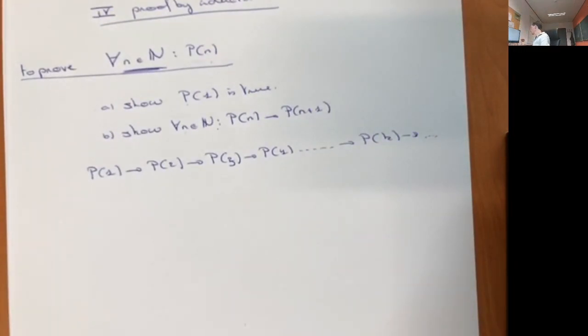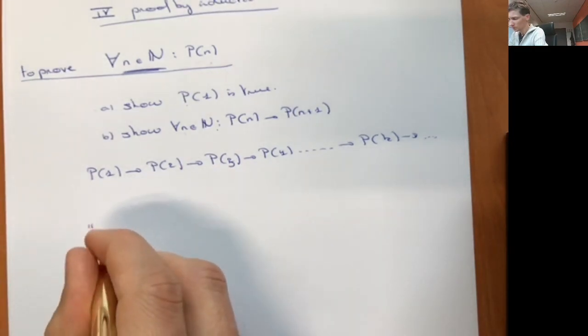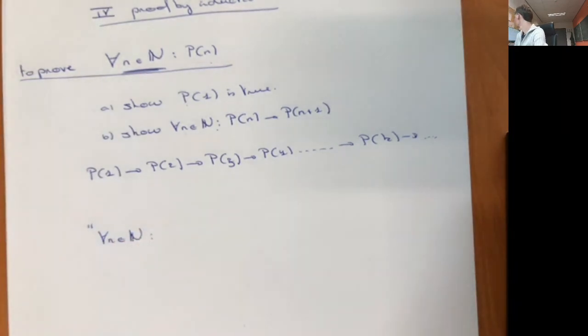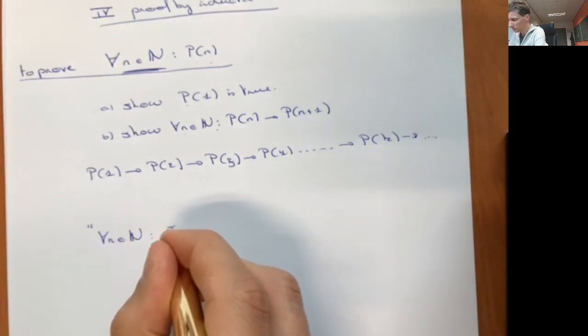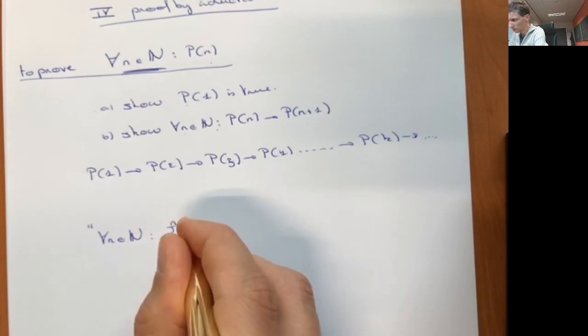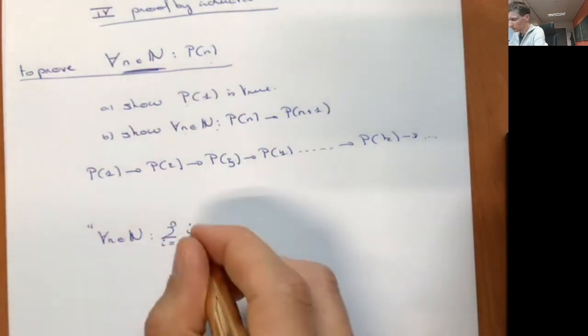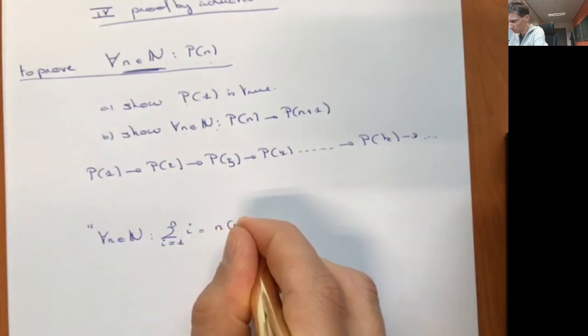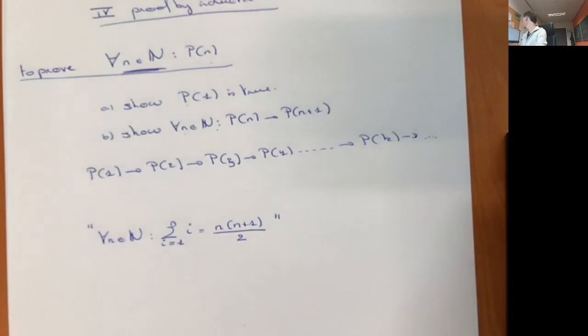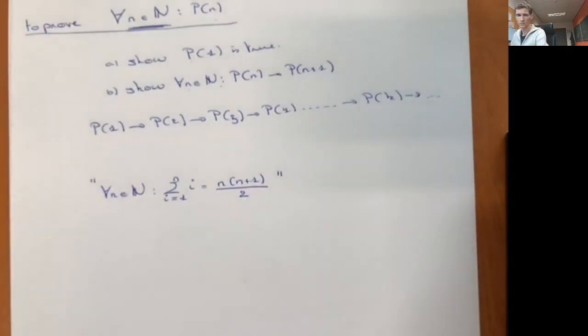So let me give you an example. The example asks you to prove that for all natural numbers n, the following holds: if I take the sum from i equals 1 up to n of i, I get n times (n+1) over 2. Good.